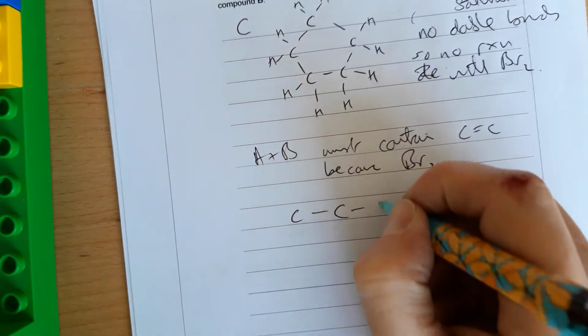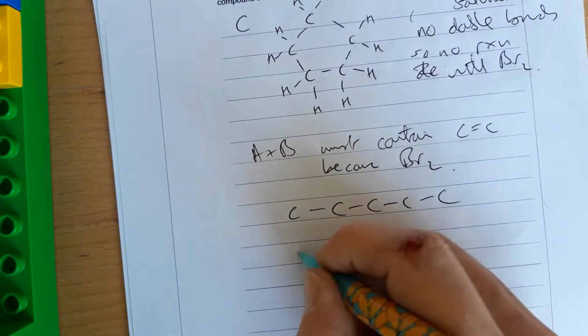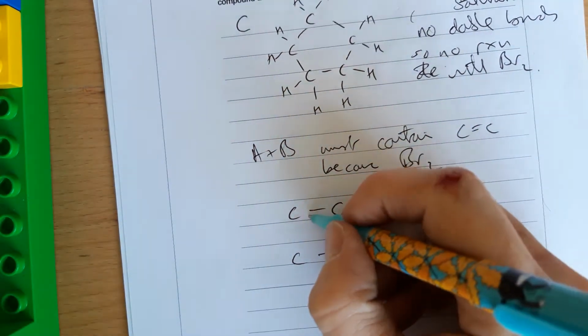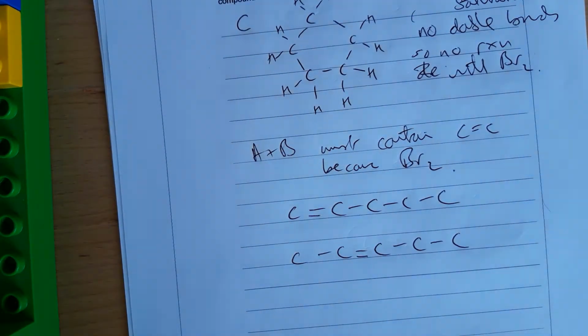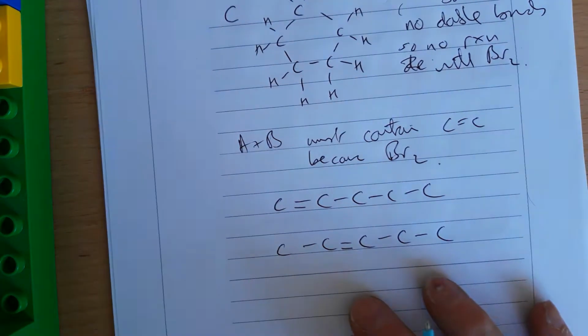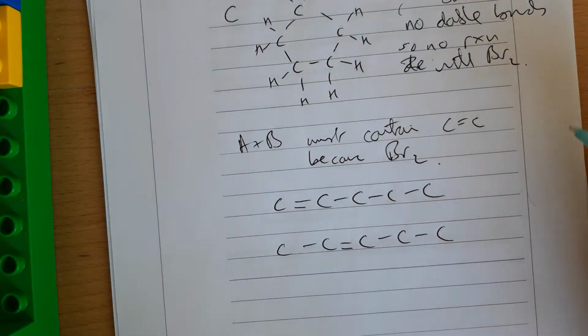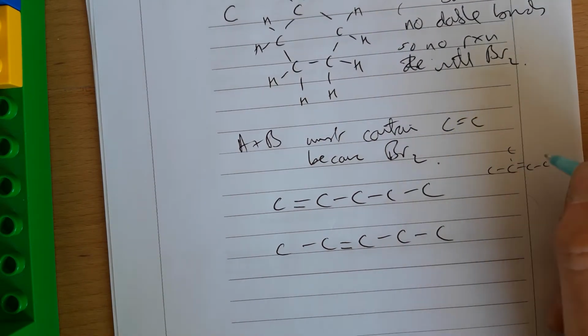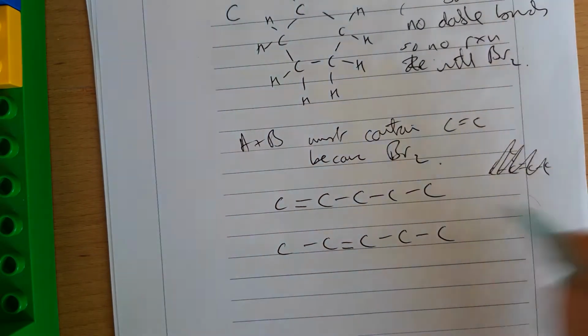I'm going to put 5 carbons in a row. I don't know the answer yet, so you can have a double bond there or a double bond there, can't you? That's it. You could have other ones, like 4 in a row and a C there and stuff like that, but I'm just keeping it simple.